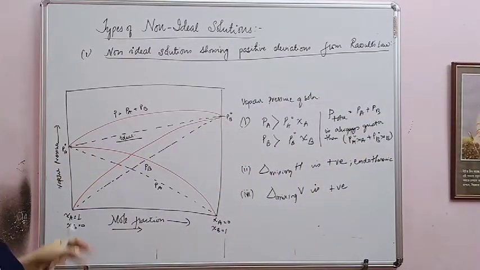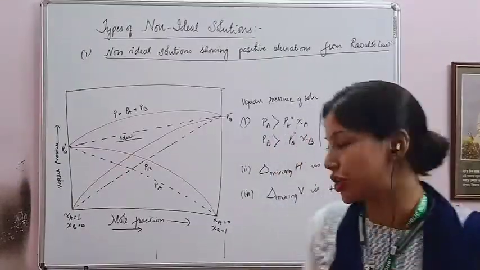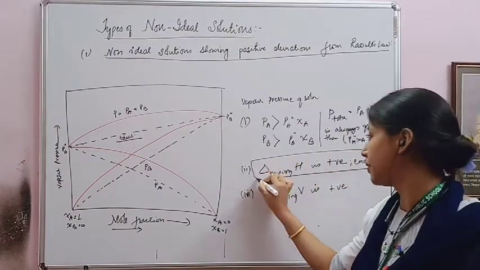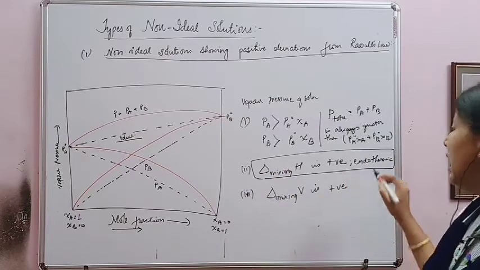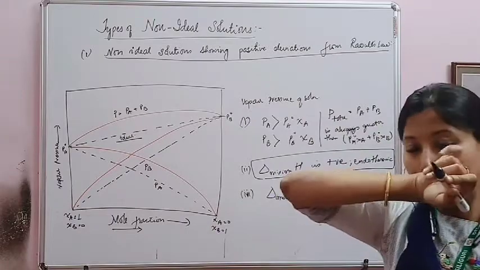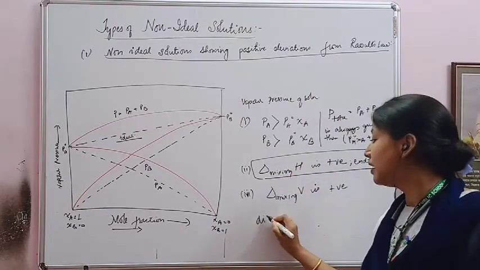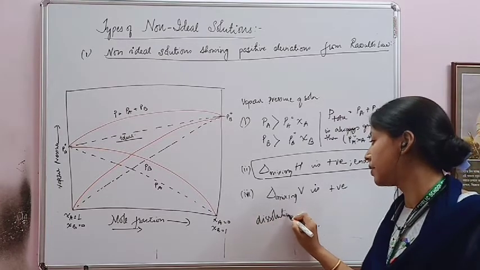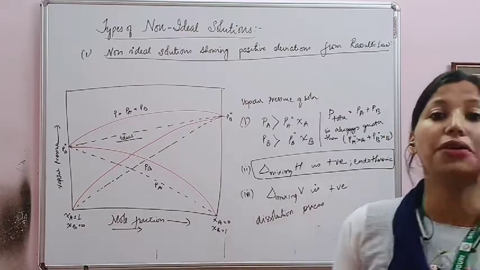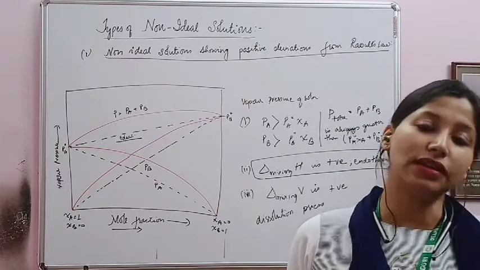Now, one important thing that I want to mention here is we have written that enthalpy of mixing is endothermic. Okay, enthalpy of mixing is endothermic. If on mixing cyclohexane to ethanol, the process is endothermic, we must remember that dissolution process will increase with rising temperature. This is in accordance with Le Chatelier's principle.